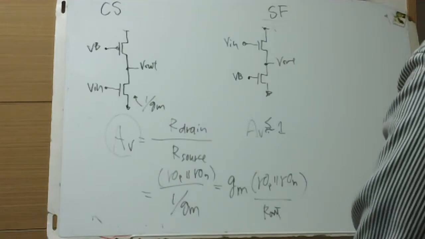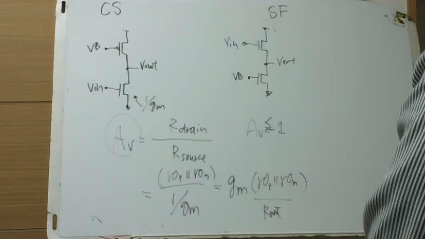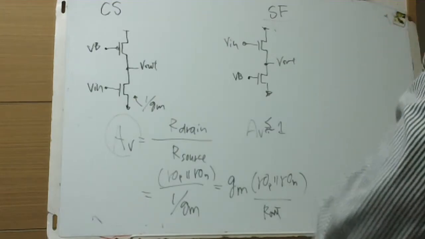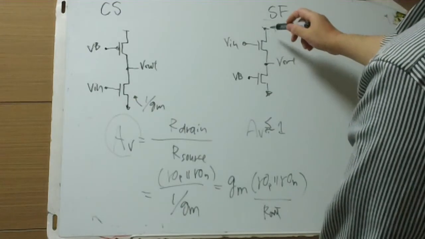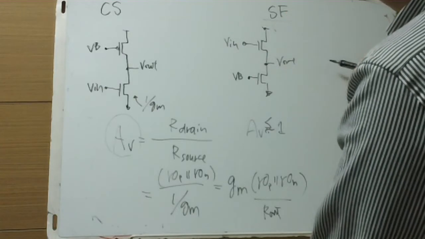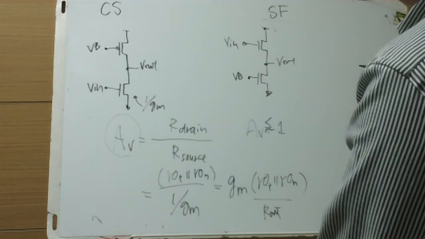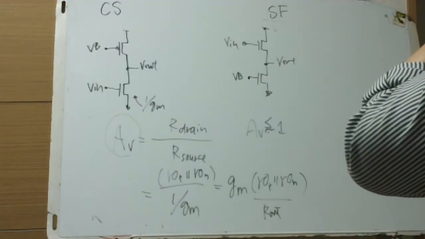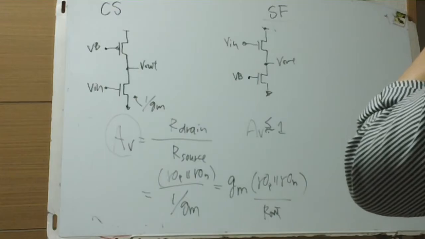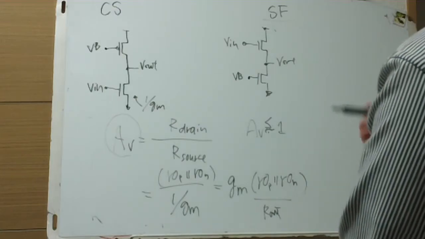Although the gain is not much, there is gain, and this node is fixed voltage. The relevant node is Vout, not VDD.